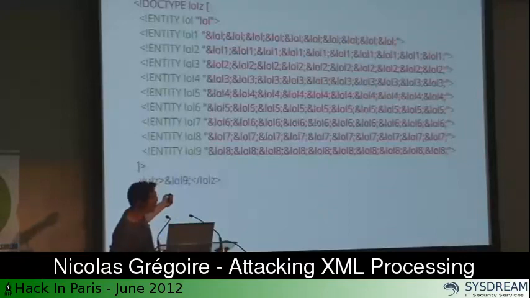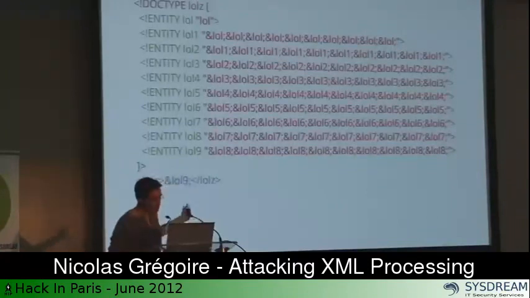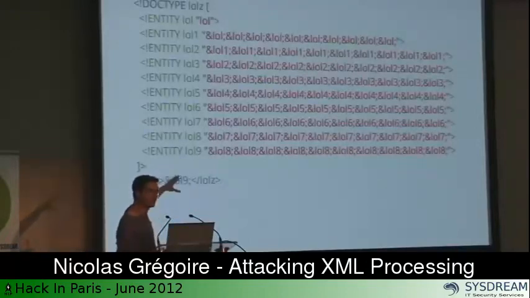So we have a variable which is lol. Its value is just lol here. Then lol1 is 10 times lol, lol2 is 10 times lol1, and so on, up to lol9. And when I call lol9, the parser will try to find its value and dereference all this.